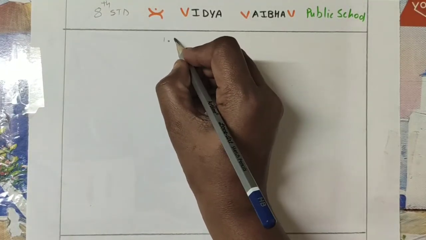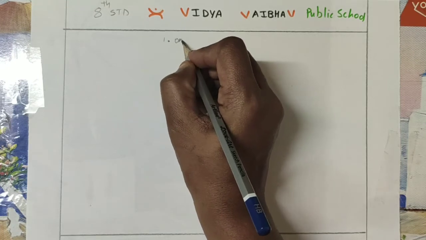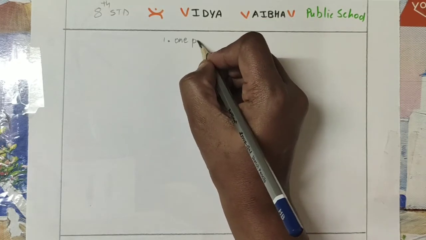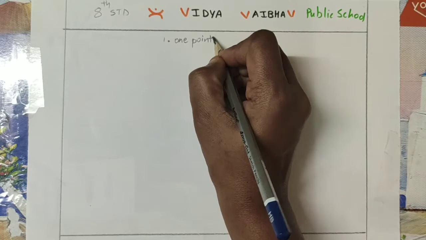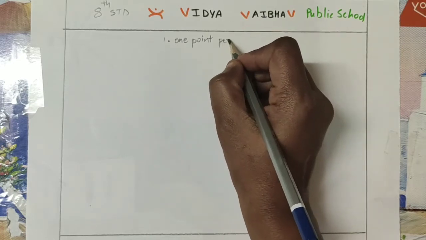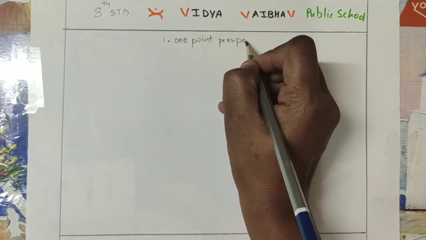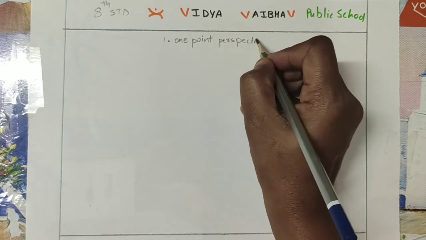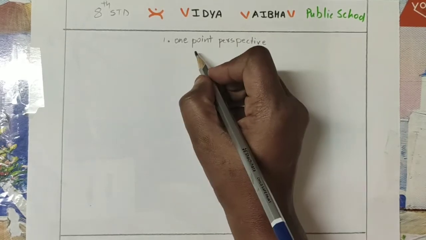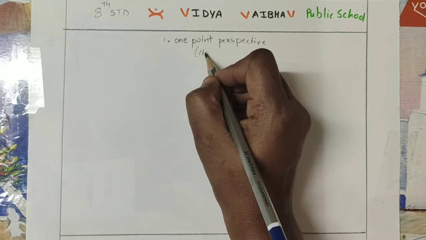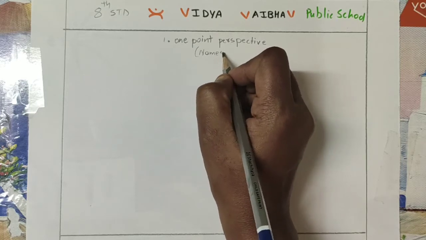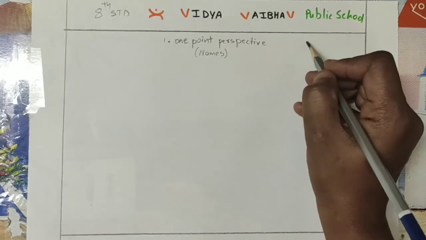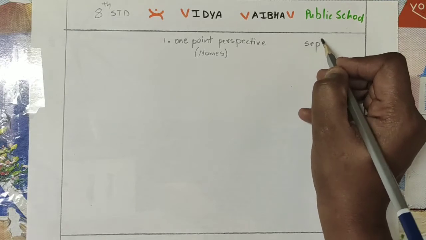The first topic is one point perspective. Names. This is for the month of September.